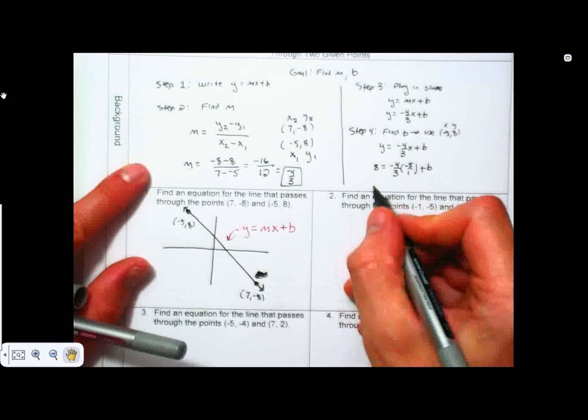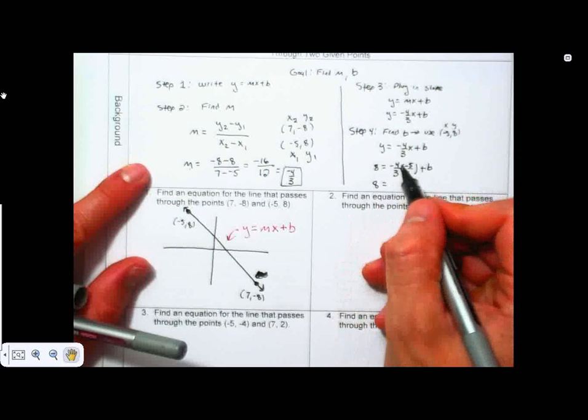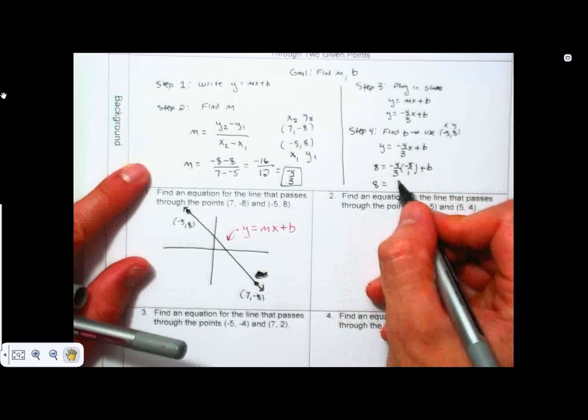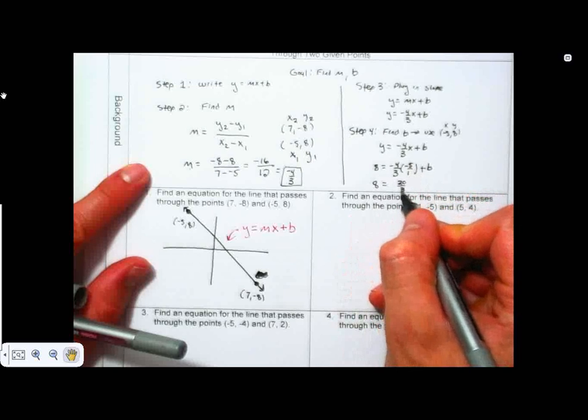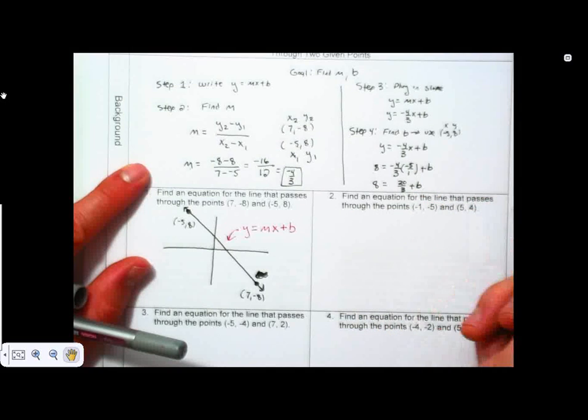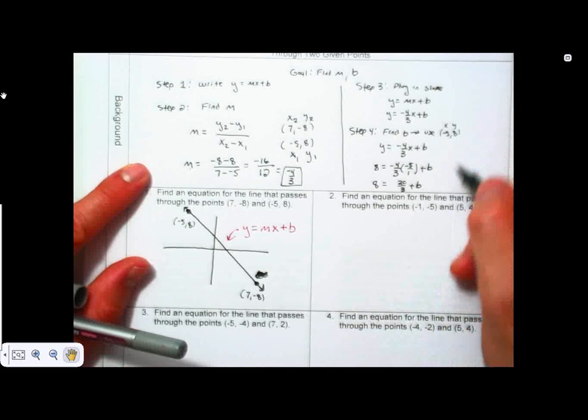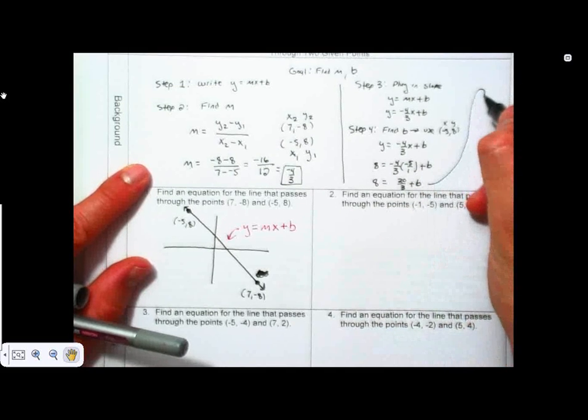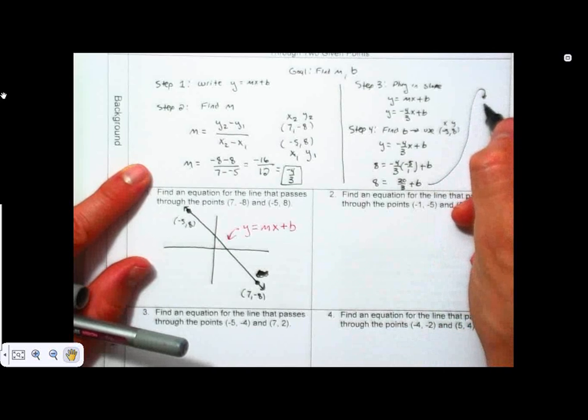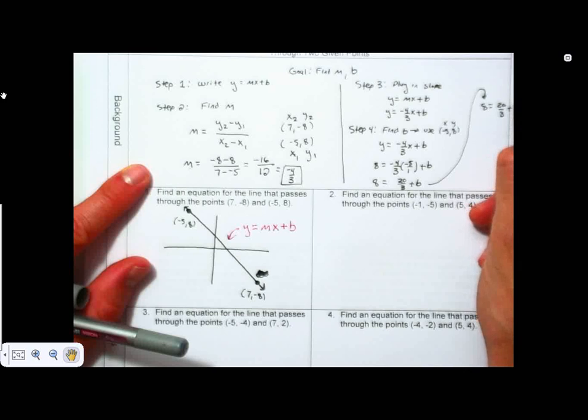So I've got 8 equals -4 times -5, which is 20/3, plus b. So 8 = 20/3 + b, and 8 is the same as 8/1. I'm going to subtract 20 over 3 from both sides.